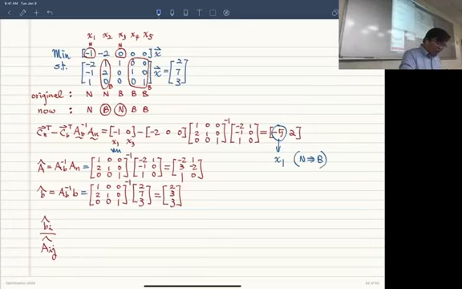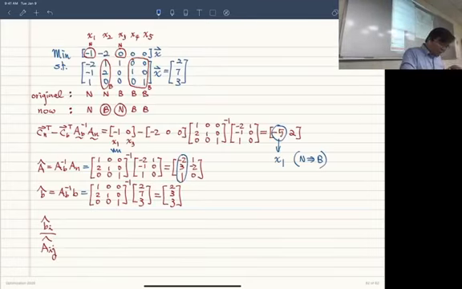And Aij basically is this column, the first column, which is representing the X1. So here for my ratio test, I basically have 2, 3, 3 over -2, 3, and 1.